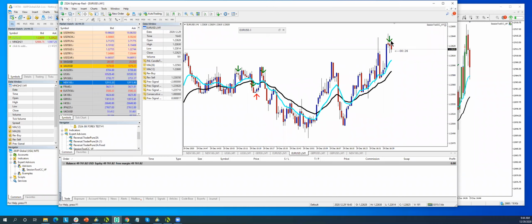Now this is not a signal. This is not a reversal signal because it's the first arrow of the uptrend. If this was the second arrow of the uptrend, that would be a possible reversal if a candle closes below the low. If we get a candle closing below the low, we would have taken the short here. I don't want to do this just for fun because it's not a process trade.